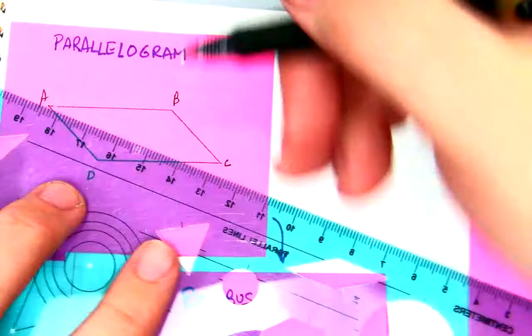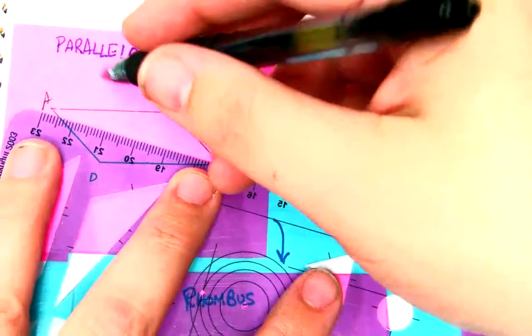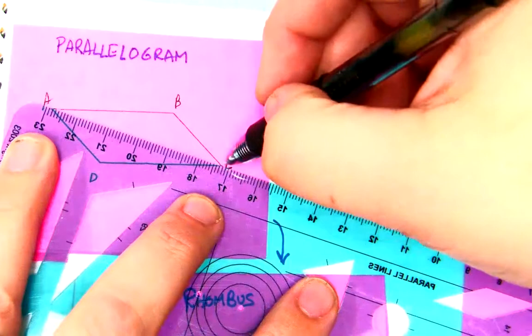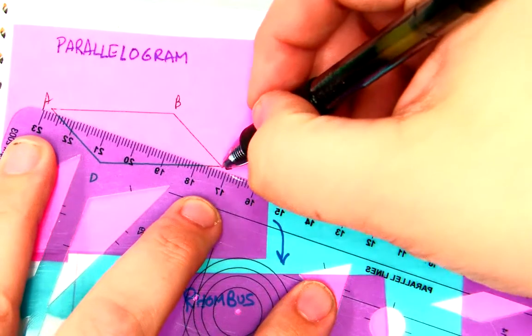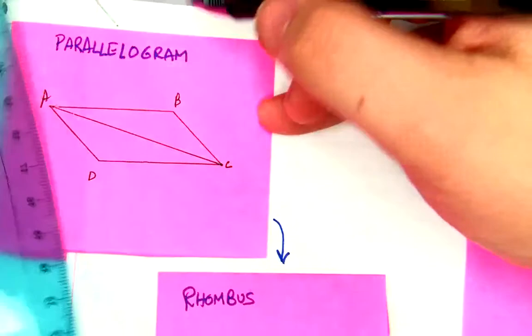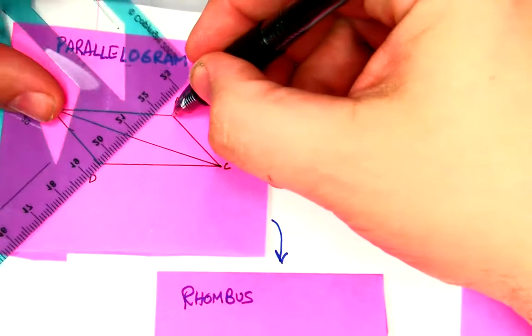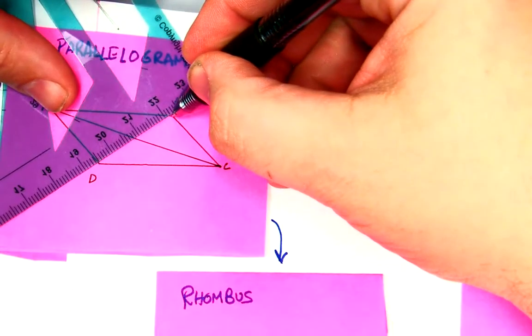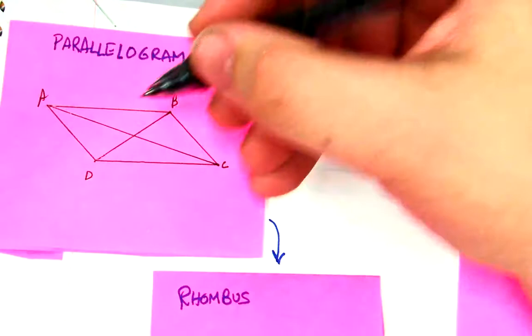and if you want to as well, draw in the diagonals, because they're going to give us this situation.